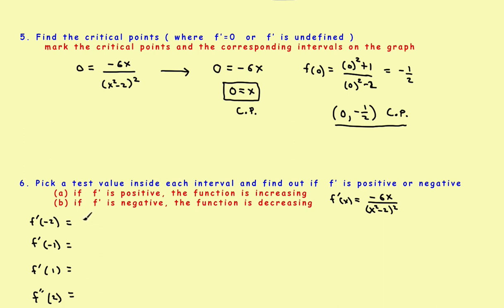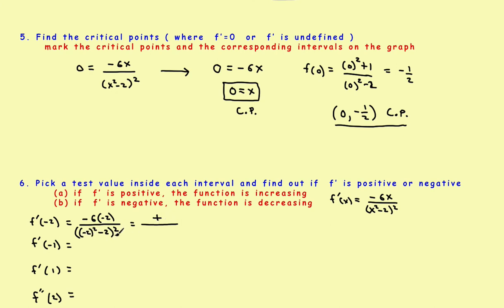So in this case, we would have minus 6 times minus 2 divided by, and in place of x, we'll put minus 2, the whole thing squared. Again, we're not particularly concerned about the numbers, so I'm going to put pluses and minuses if I can. In the numerator, negative 6 times negative 2 is a positive 12, but all I care about is the fact that it is positive. Now, in the denominator, I'd have this.